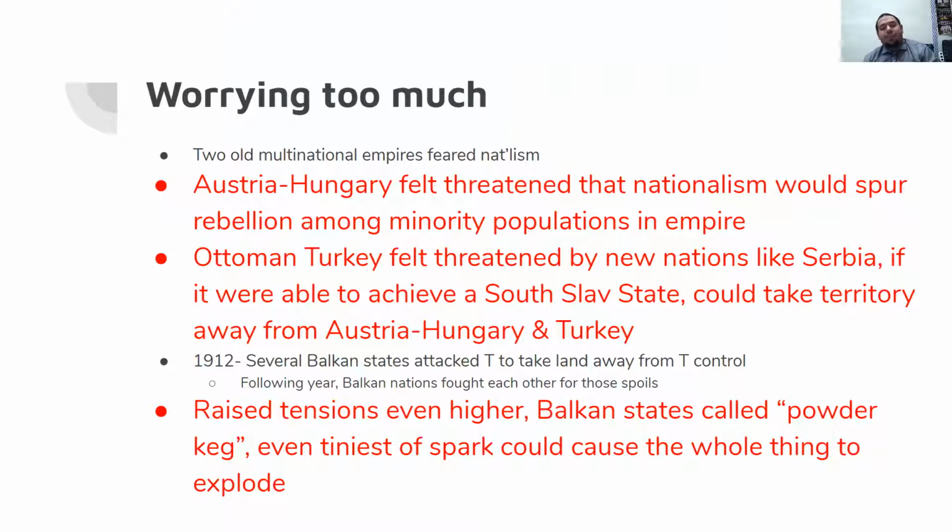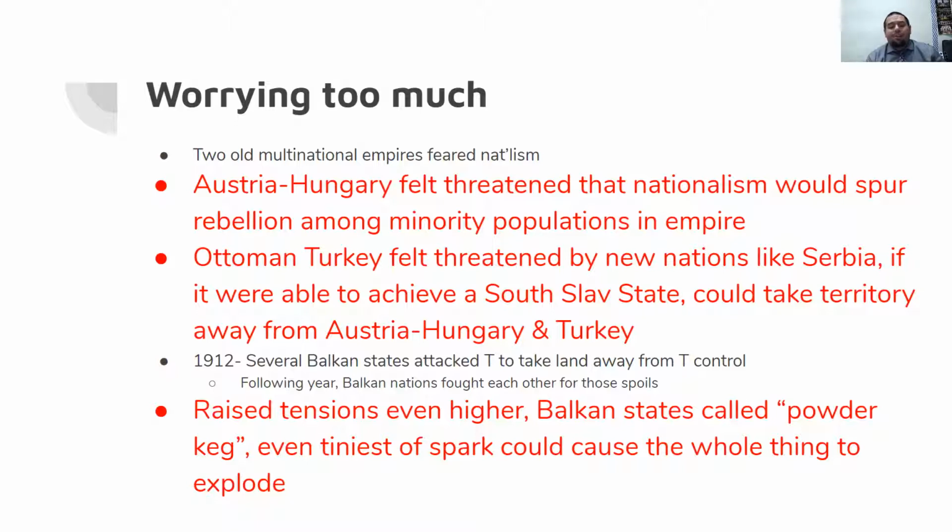In 1912, several Balkan states attacked Turkey to take land away from Turkish control. The following year, in 1913, these Balkan nations fought each other for the spoils. I think there were three different countries fighting against each other. So those three countries fought to take land away from Turkey in 1912, and in 1913, they fought each other. So this is going to raise tensions even higher.